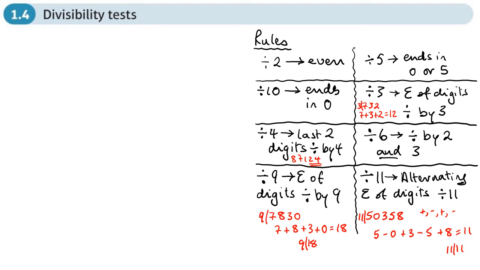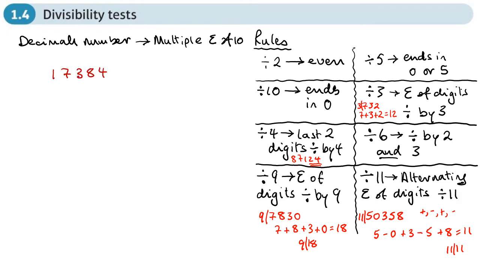Now what's also useful in these divisibility tests is to be able to write decimal numbers. What I mean by decimal numbers, using the decimal system, is decimal numbers as a sum of multiples of powers of 10. Now what do I mean by that? So let's say I've got the number 17,384.